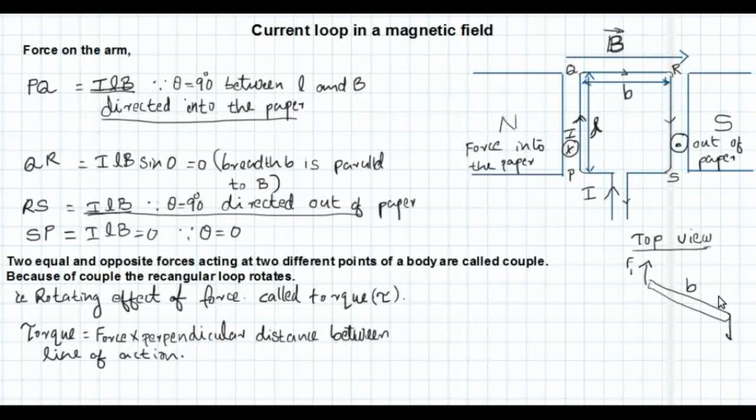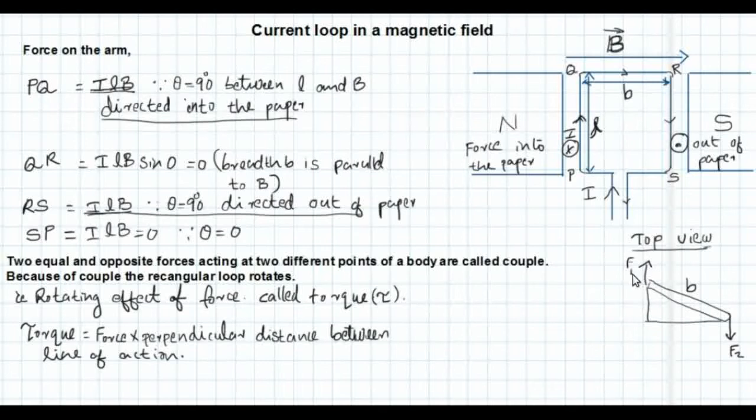So this is the breadth b, and on this coil there is a force acting, F1. F1 is acting into the paper and F2 is acting out of the paper. And as a result the coil will rotate. So this is the line of action of the force F1 and this is the line of action of the force F2. Both the forces F1 and F2 will be equal.